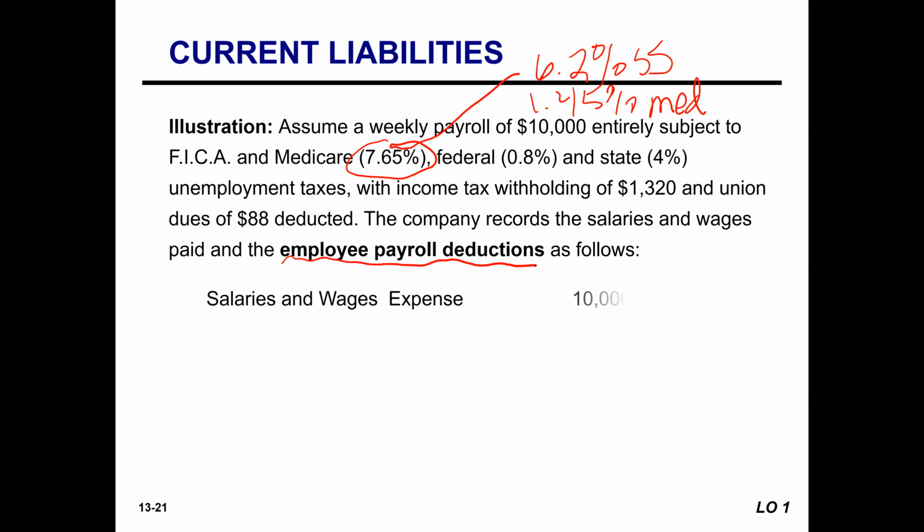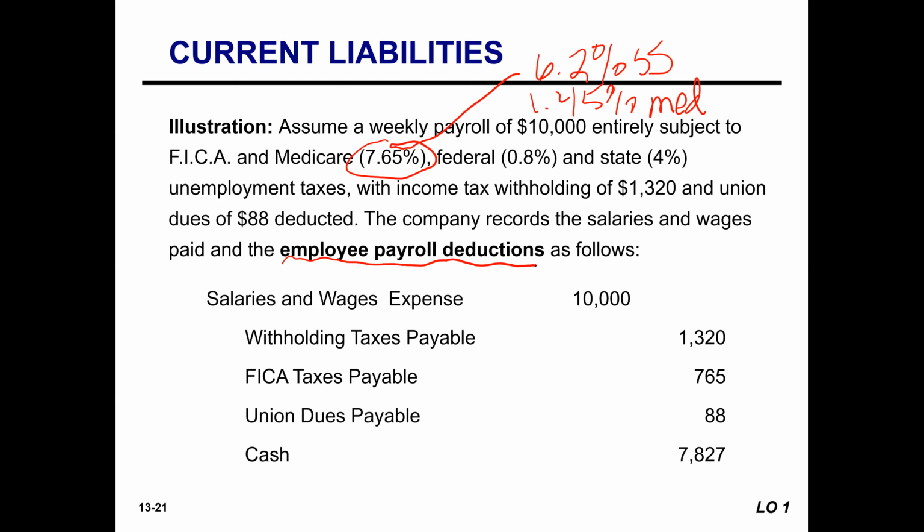So this journal entry: debit salary and wage expense, credit federal income tax withholding payable, credit FICA taxes payable, credit union dues payable, and then credit cash. Basically this would be the employee's net pay.